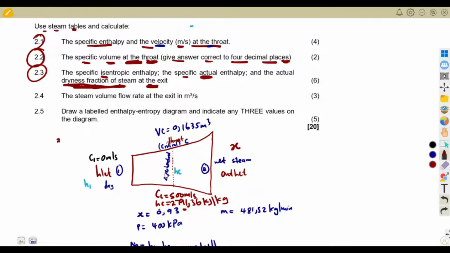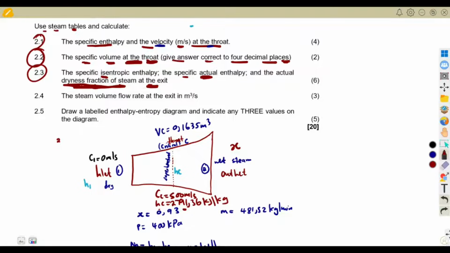That is for the wet steam. So the question was, how are we going to calculate the specific isentropic enthalpy?